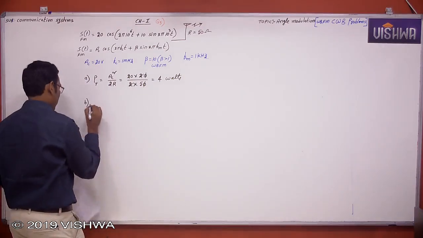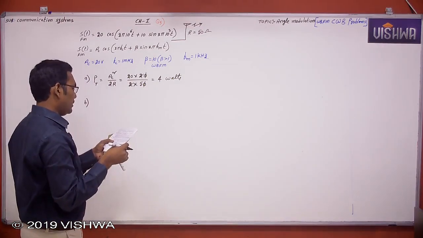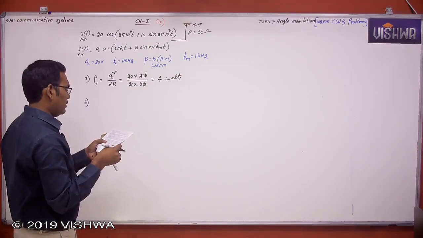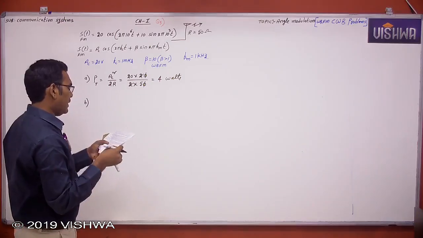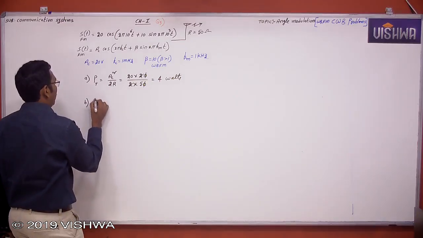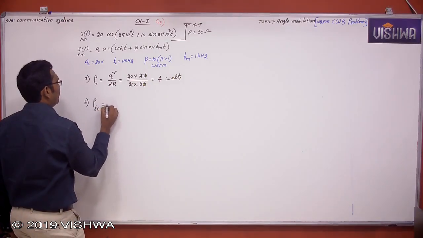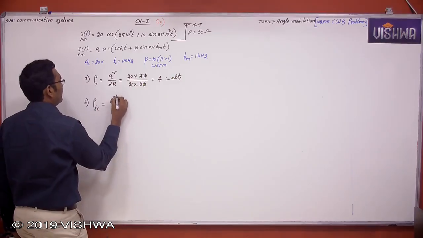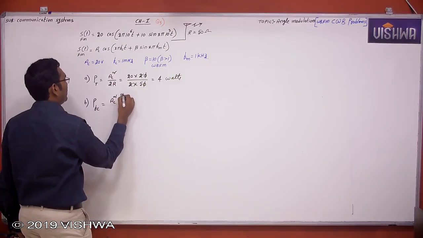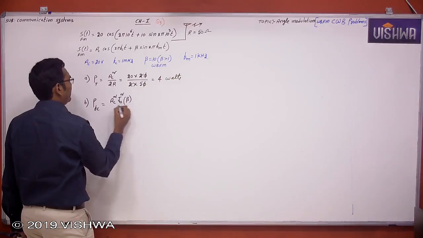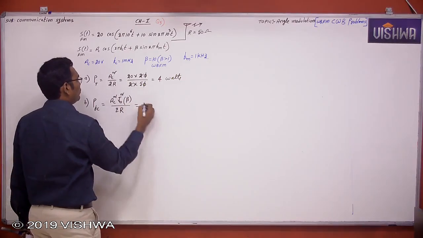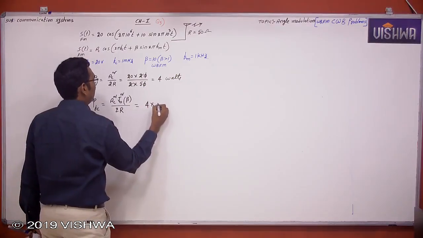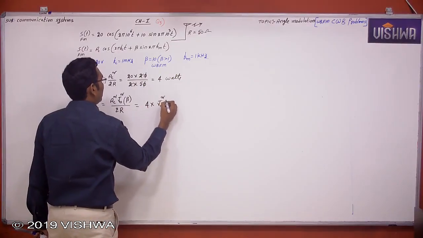Now the B bit is: calculate the power taken by the carrier component. What is the power taken by the carrier component? Ac squared by 2R into J naught squared of β, because each spectral component amplitude depends upon the Bessel function coefficient. Ac squared by 2R is already calculated, into J naught squared of β.